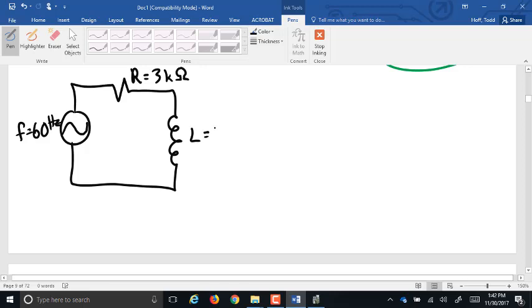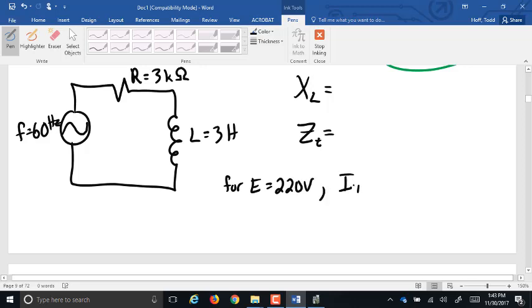And the inductance, let's go with 3 Henry. I want you to find XL, the inductive reactance. I want you to find Z, the total impedance. I'll put ZT, total impedance of the circuit. And for E equals 220 volts, find the total current in the circuit.